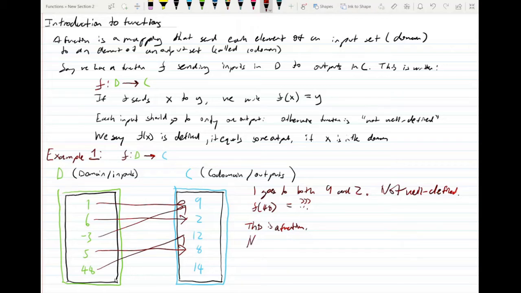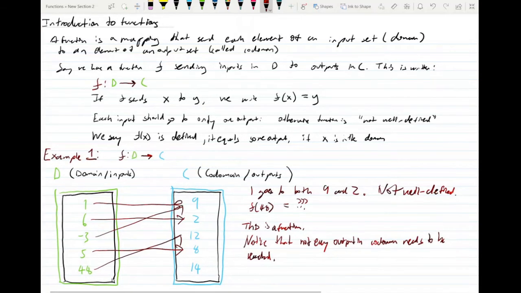Now notice that not every output has to be reached. And also, two inputs can go to the same output.